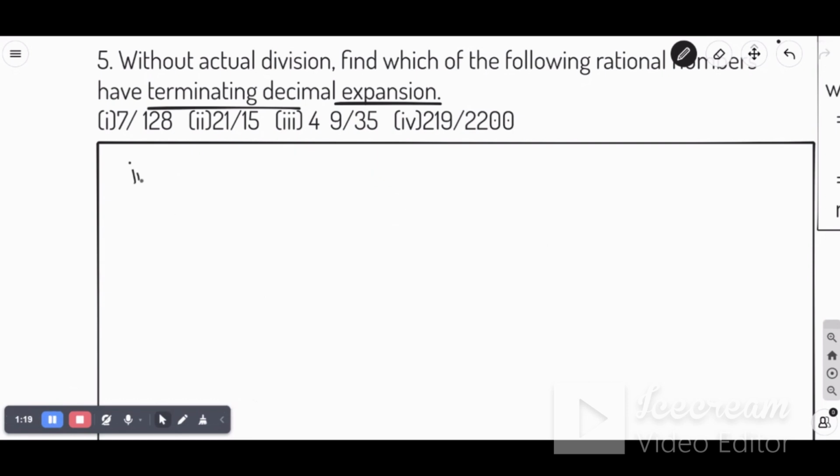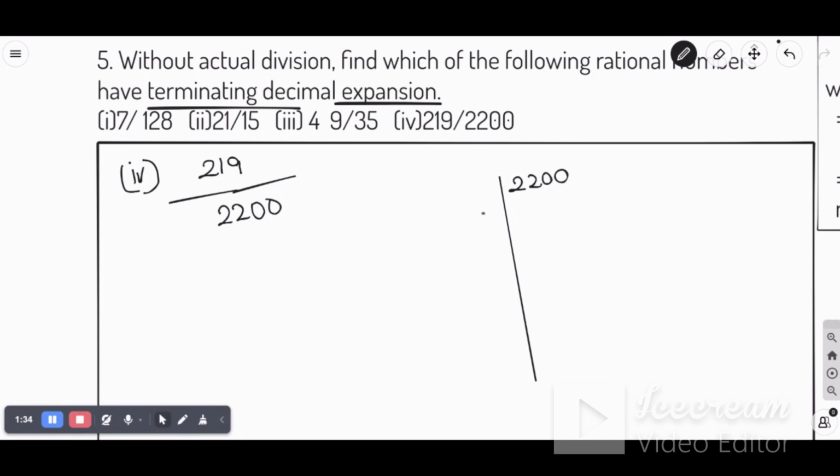Our next question is 219 divided by 2200. Okay, so it's a bigger one. Let's start dividing our 2200. Let's start with 2: 1 two is 2, 1 two is 2, 0, 0.